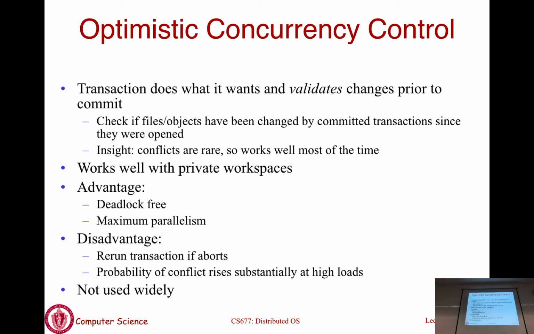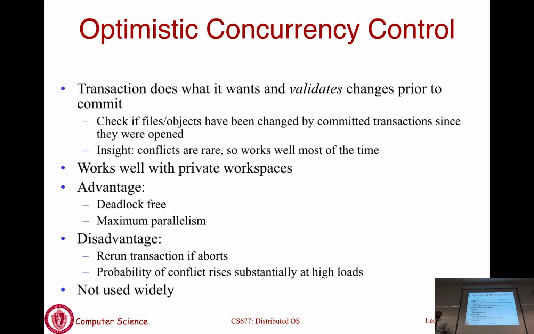Some transactions execute on some part of the database, other transactions execute on some other non-conflicting part of the database. So why do you need locks if they are going to touch different parts of the data? You don't need locks. So we'll optimistically assume that most transactions do not conflict with one another and let them execute without locks. And moreover, when there are problems, we are going to abort the transaction and redo it.